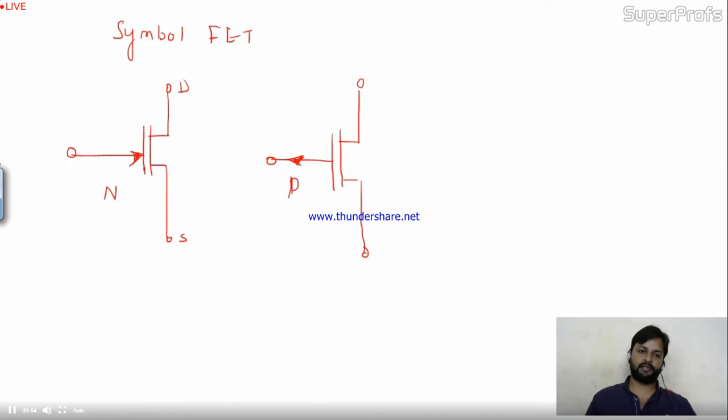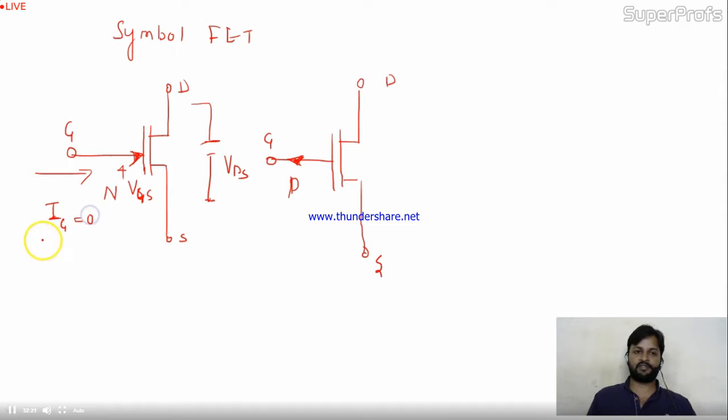This is for P channel. This terminal is drain, source, and gate. Between gate and source, the voltage is VGS. Here, the voltage is VDS. And one more important thing is, while considering the problems, IG is always equal to 0. So this is the symbol of FET.